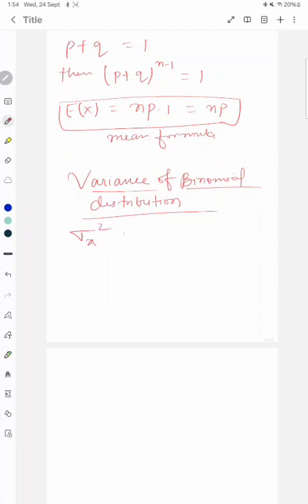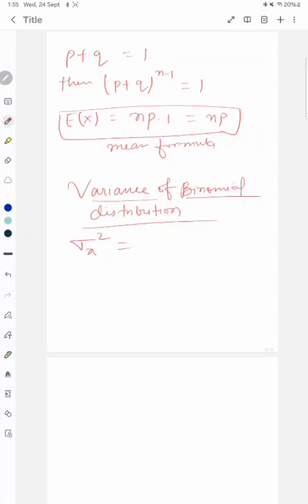Variance sigma x square equal to expectation of x square minus expectation of x whole square.